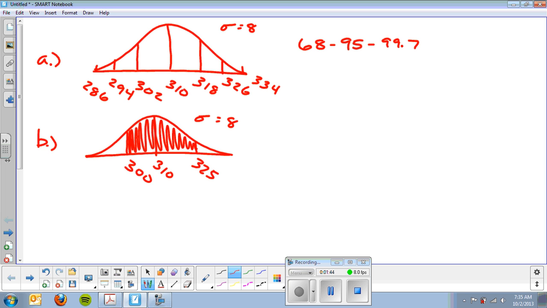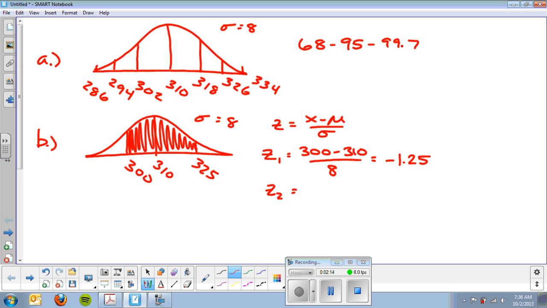Now basically what I still have to do is convert this to z-scores so that I can use my standard normal table. First off, I write my formula down. That's points. I have to have the formula. And then I'm going to plug in the numbers. So Z1 is 300 minus 310 over 8, my standard deviation, and I get a z-score of -1.25.